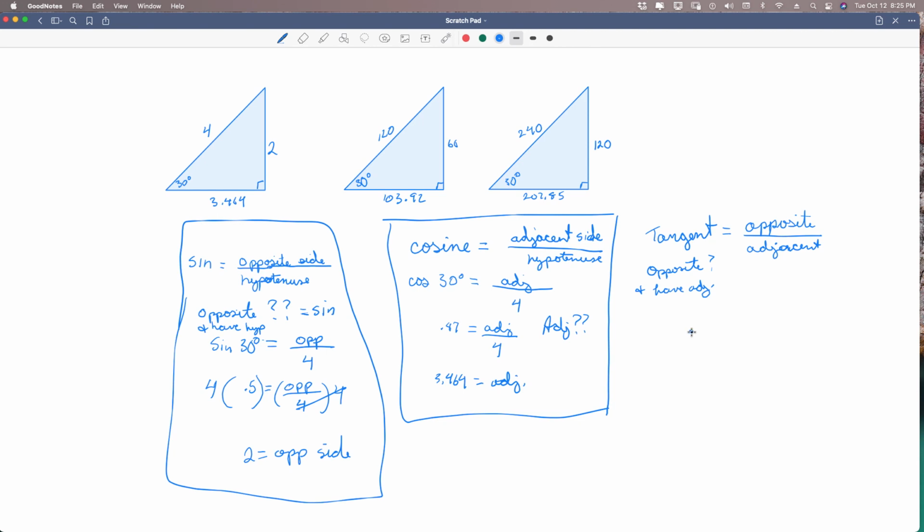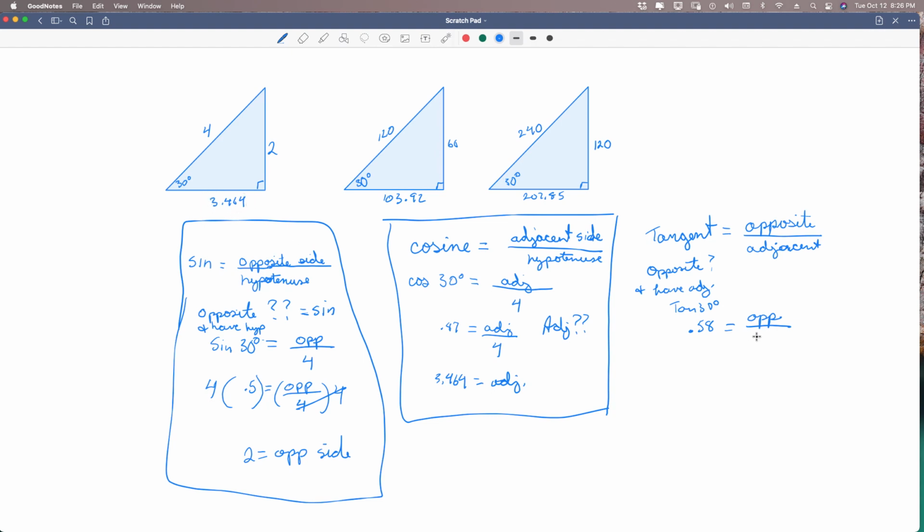So I would write 0.58 for a tan of 30 degrees is 0.58. And my opposite is the one I'm looking for. And my adjacent, I have that.